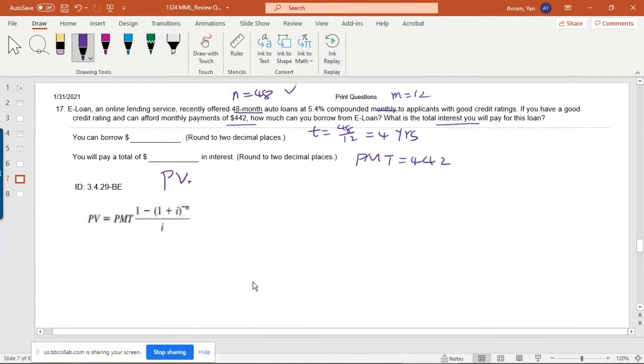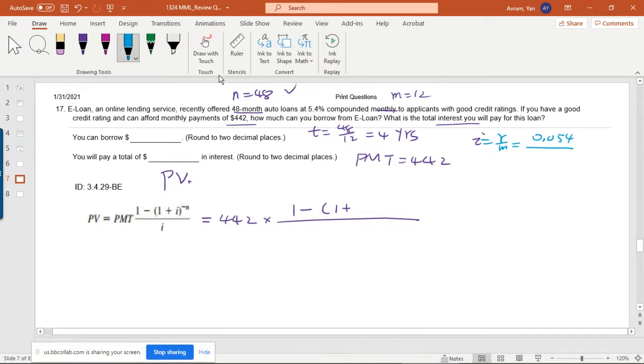I have a present value equal to the payment. My payment here is 442, and then multiply by 1 minus 1 plus i. I here you need to calculate: i is r over m. So r here is 0.054 compound monthly.